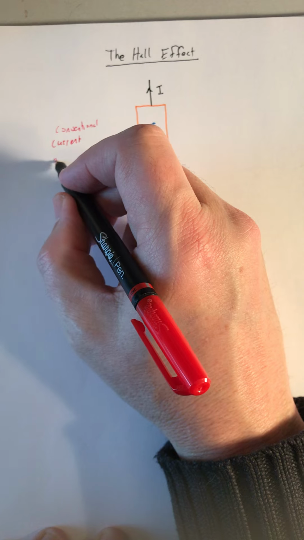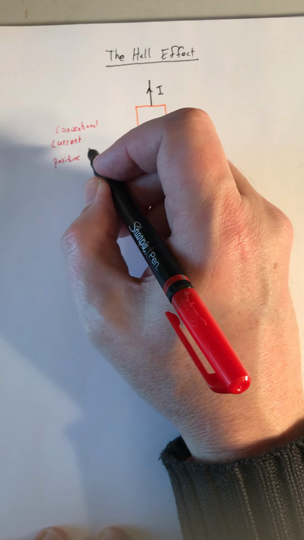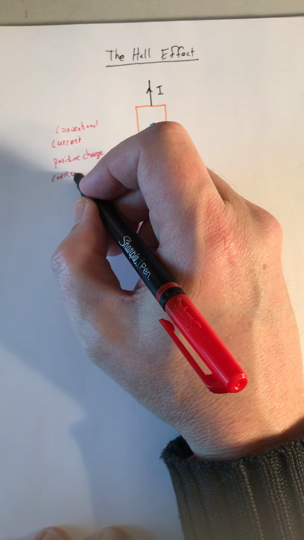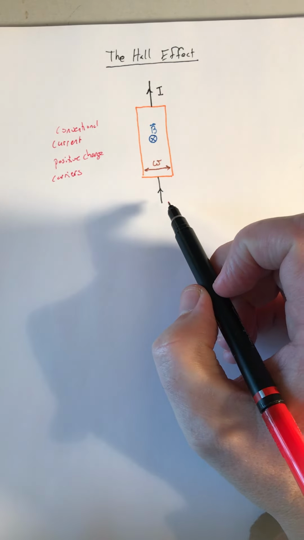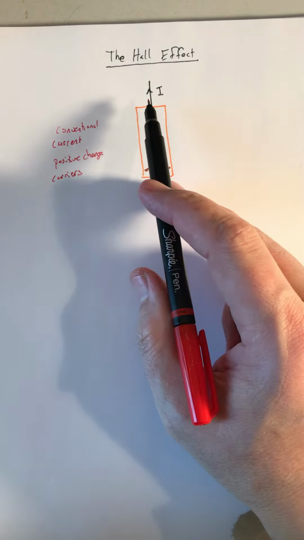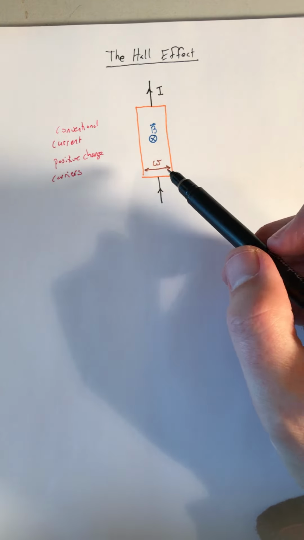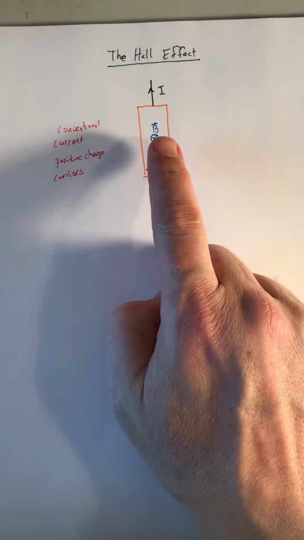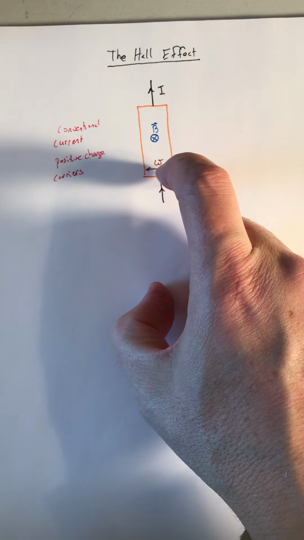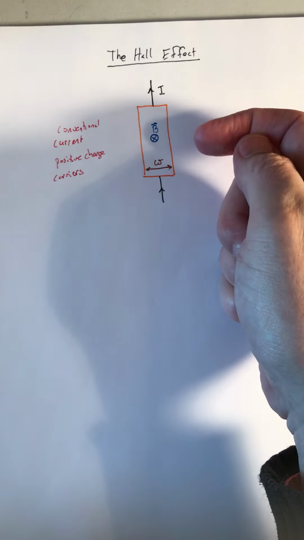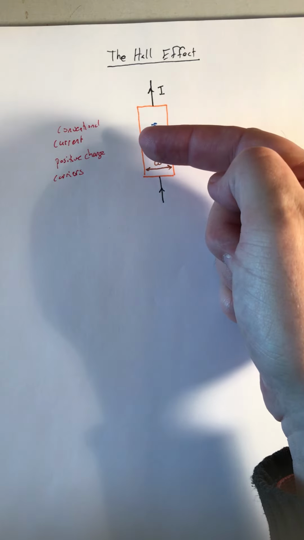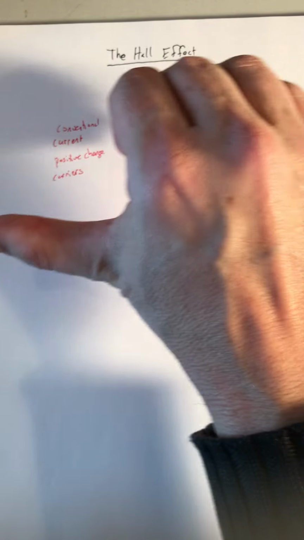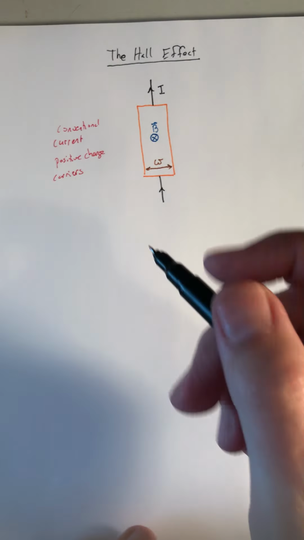So that's meaning positive charge carriers. If the conventional current going up the page is made out of positive charge carriers, then the magnetic force in the conductor is going to push positive charges to the left, because V cross B is a magnetic force to the left.